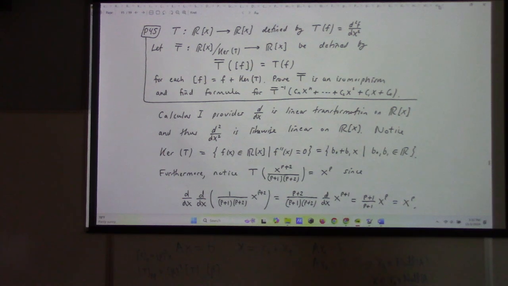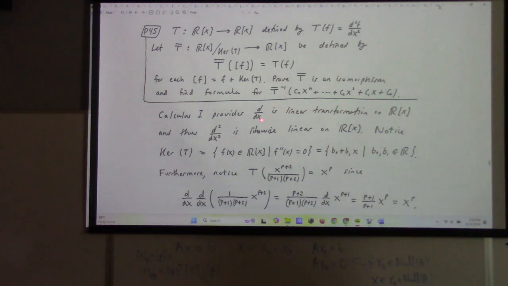We mod by the kernel and define the map by the transformation on the representative of the kernel. This is the first isomorphism theorem construction. But is there a particular place that it stops making sense? Yeah, I don't remember where it was. Oh, okay, we'll just kind of go then.